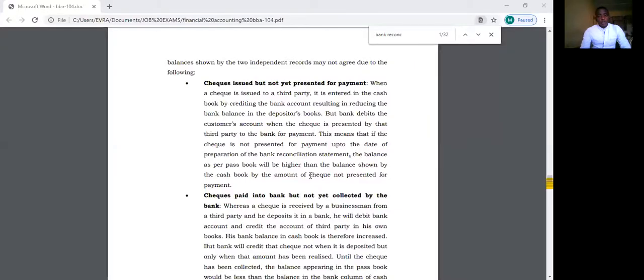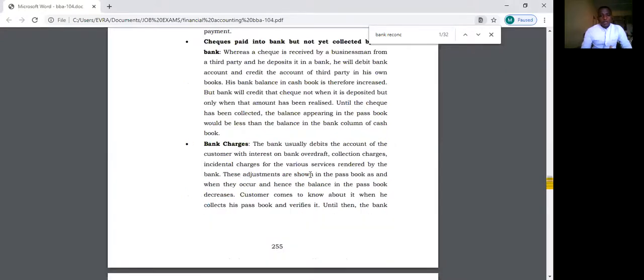The third reason, and that was about the bank statements, the other thing will be the bank charges. The bank usually debits the account of the customer with interest on bank overdraft, collection charges, and incidental charges for various services rendered by the bank.